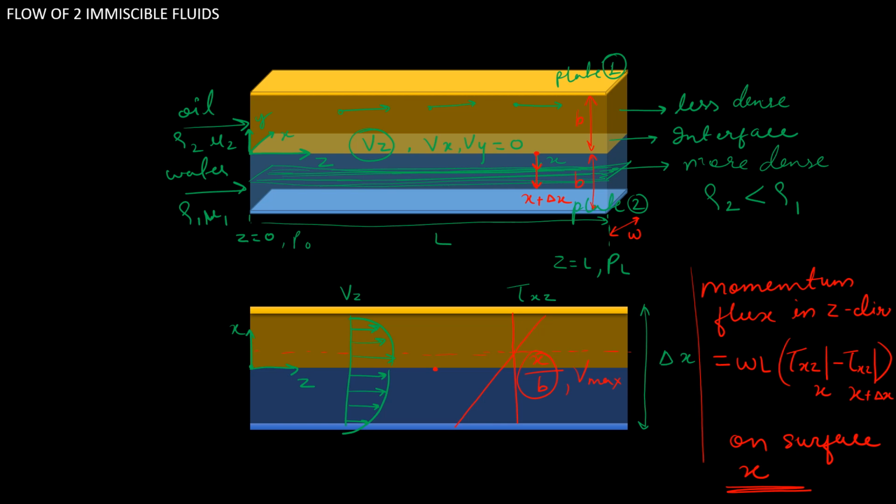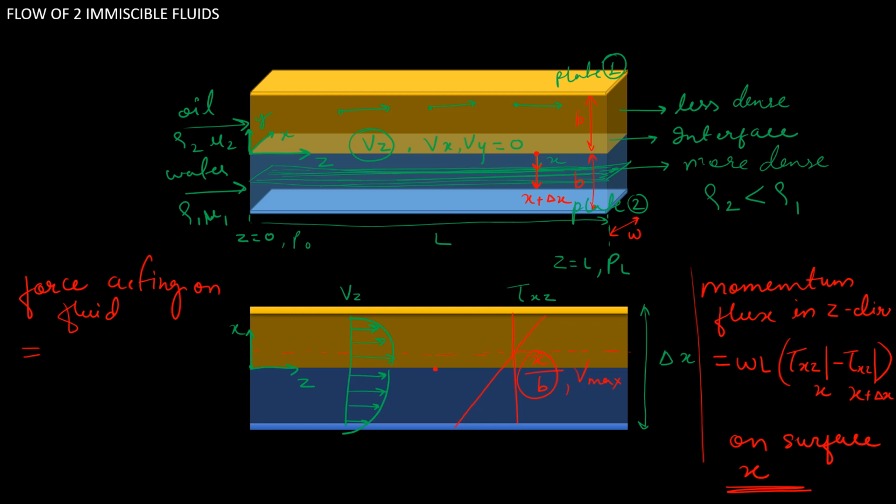Now force acting on it, external force acting on fluid. So external force acting on fluid is equal to, what is the reason of fluid flowing in z direction? It's only due to pressure gradient.